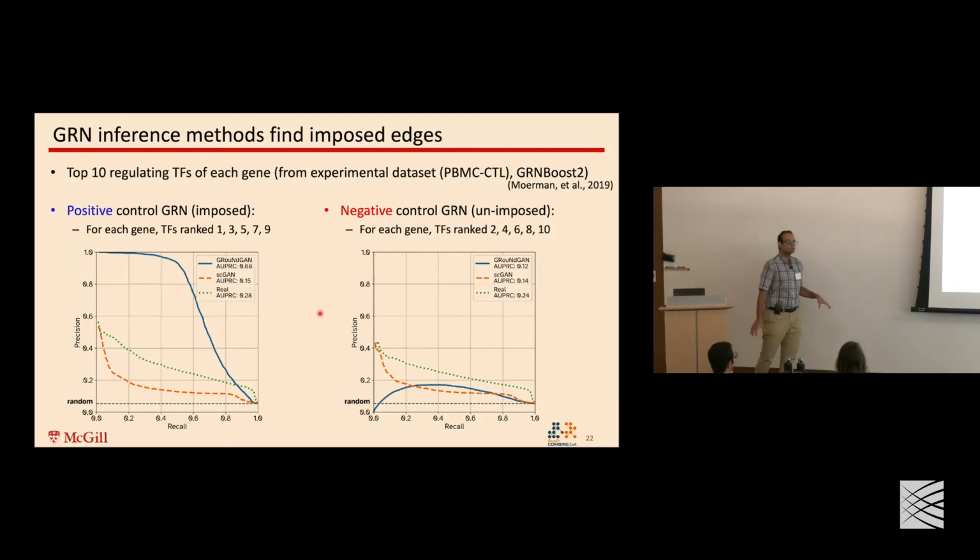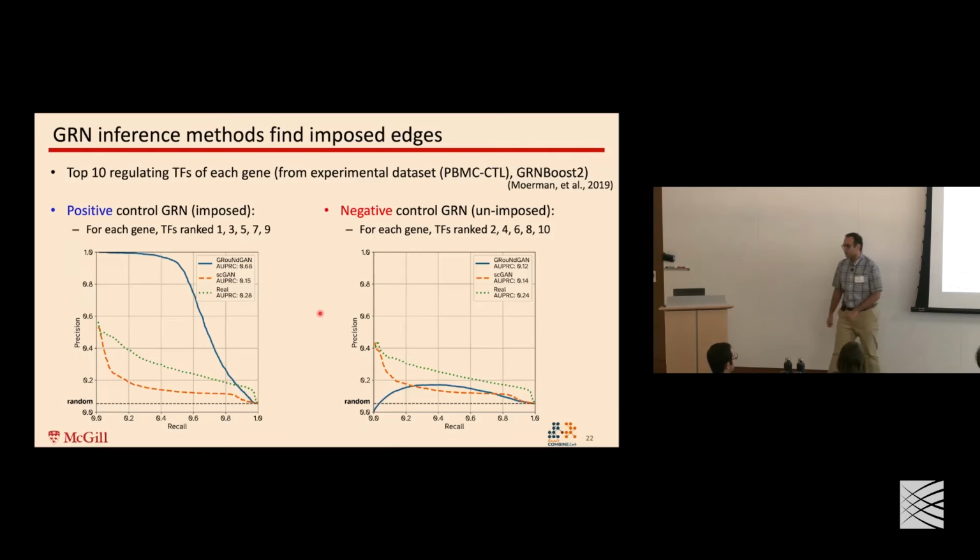This allows us to have two GRNs of similar density and similar importance in the original reference data set, but we're imposing one and not the other, being able to use it as a control to see how the behavior would look.